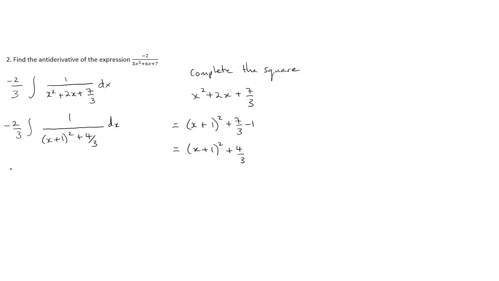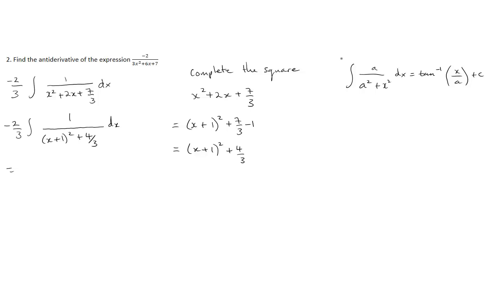Now this is starting to look like the integral of tan. So remember when we integrated an equation in terms of this, we had tan inverse of x over a plus c.